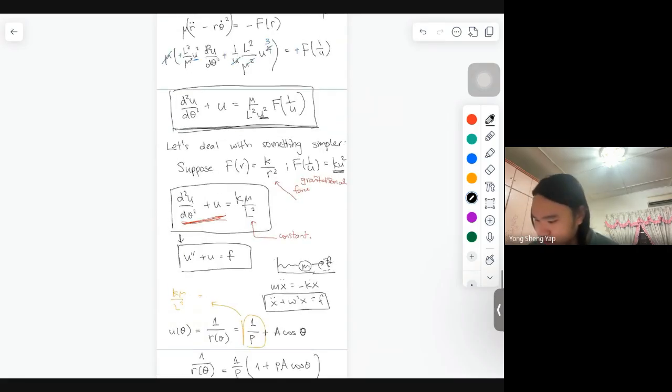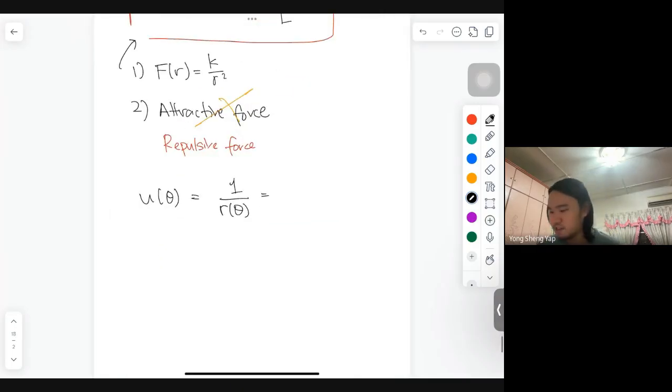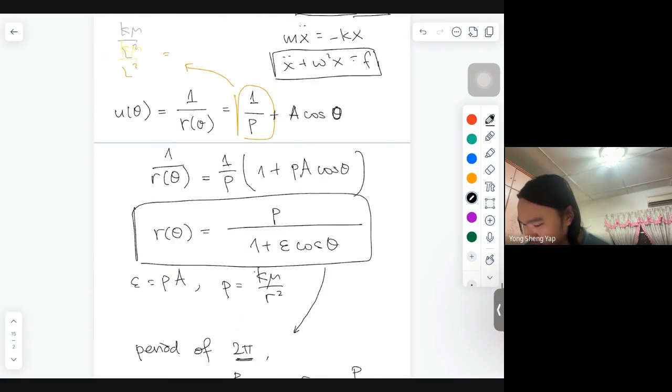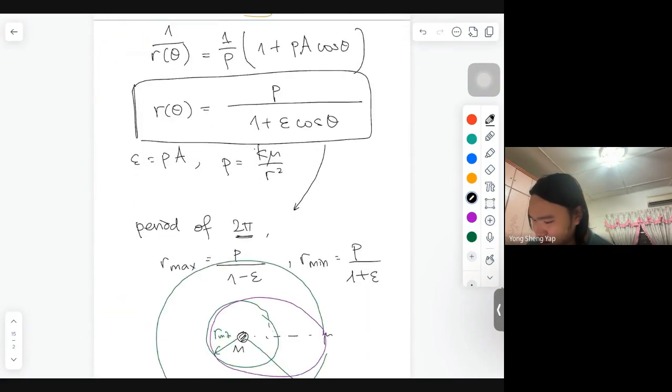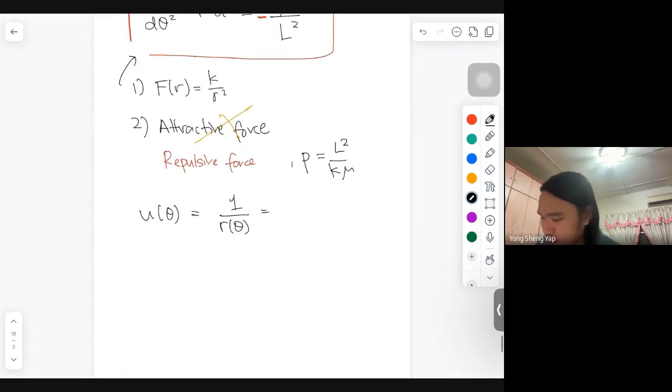Yes, I think that's right. So basically, the equation of motion, again, I have p equals L squared divided by k mu. I also hope that's right. Let's check again. p equals k mu over L squared. Okay, sorry.